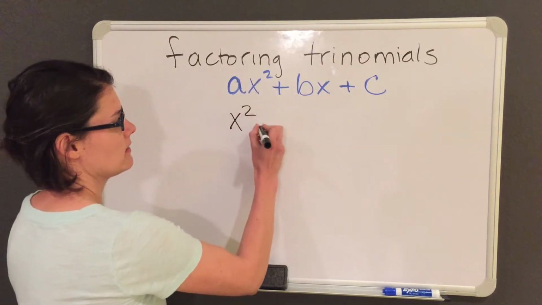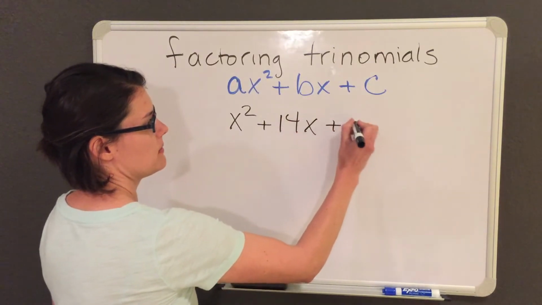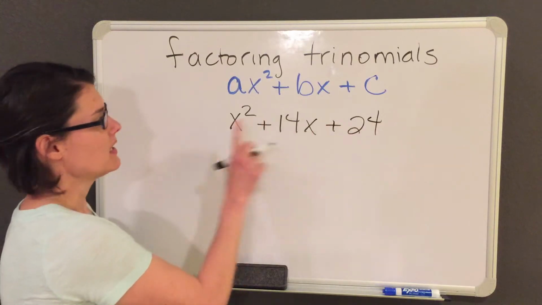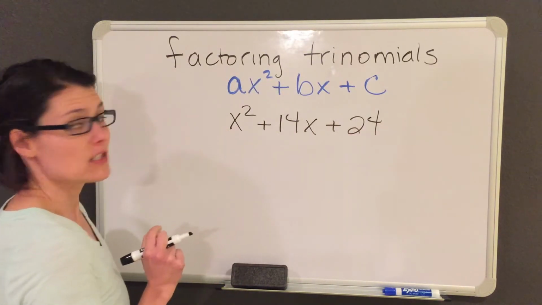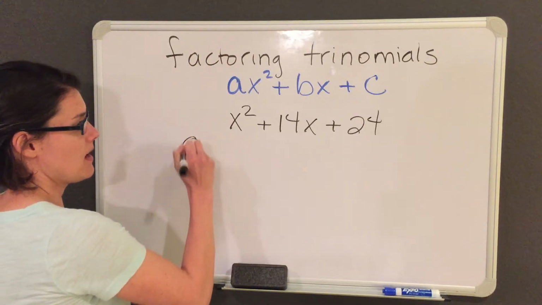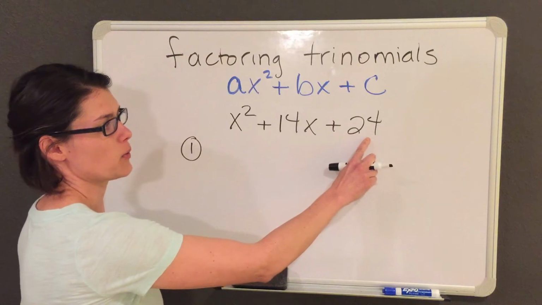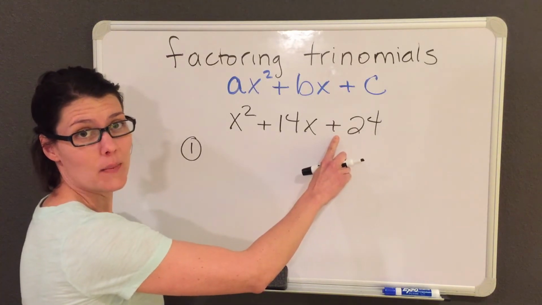x squared plus 14x plus 24. This is a trinomial and my leading coefficient is 1. So let's start with the first step. I want to come up with the factors that multiply to give me a positive 24. Now there are 2 different ways of getting a positive number.